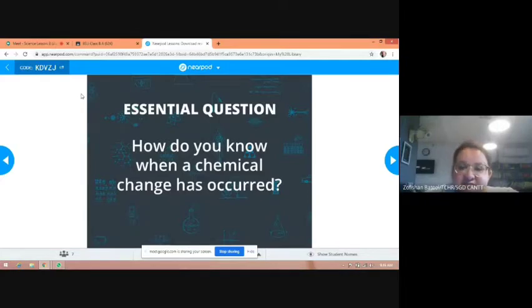When a gas is evolved, when a gas is formed in the form of bubbles or in the form of heat, or sometimes you can see vapors in your test tube or in your beaker when a chemical reaction occurs. And pH change. If a chemical reaction takes place, the pH of the solution is going to change. pH is how alkaline or how acidic the solution is.